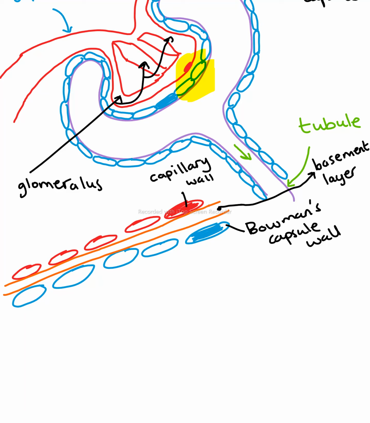Right, so this is what happens. You've got a red blood cell. I know it looks green. So under pressure, that'll try to get through, but it can't, it's too big. What you do get through is water.